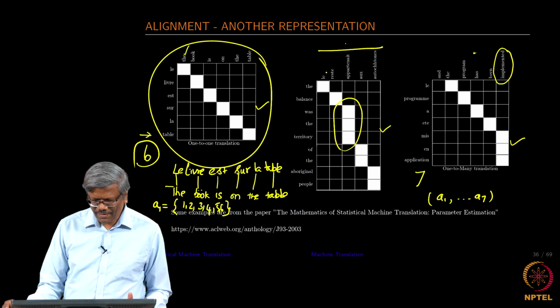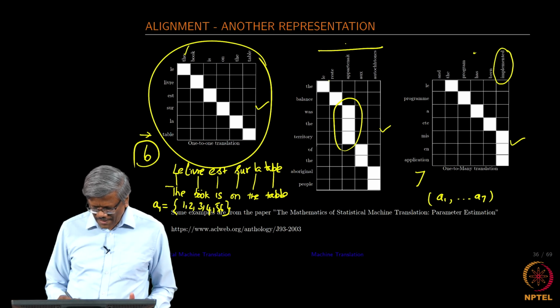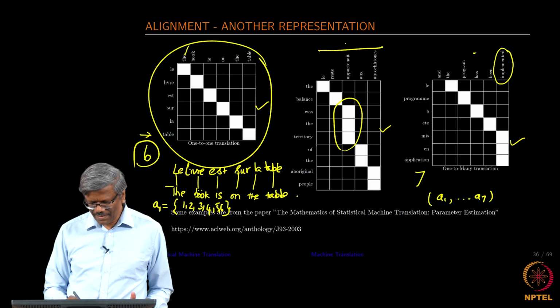So, how do you do that? There are going to be 9 elements in this alignment array.